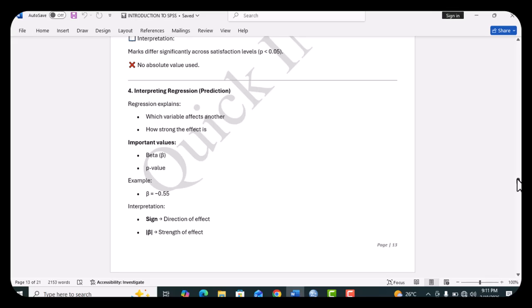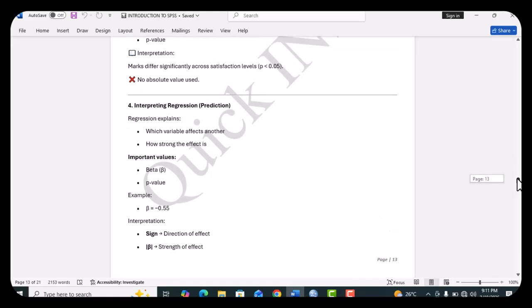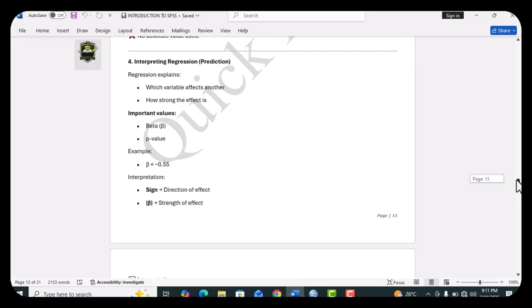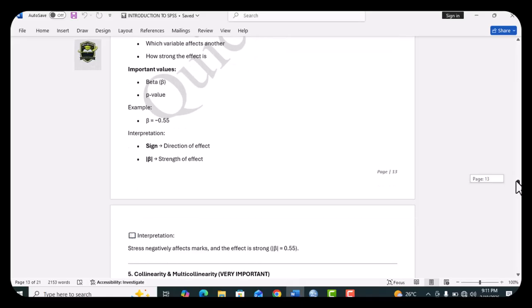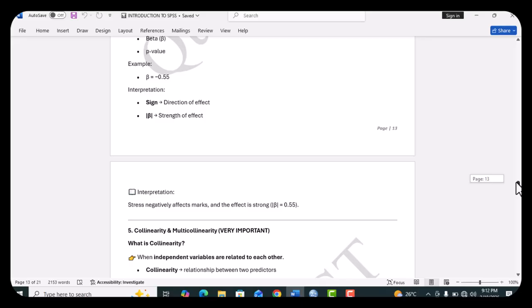The dependent variable is affected by the independent variable. So how strong is the effect? In the interpretation, the sign is the direction of the effect, and the absolute value is the strength of the effect. So when you want to interpret, say stress has a negative effect. The negative will also occur, but you find the absolute value before you interpret. Stress negatively affects the marks, and the effect is strong with this value. You put the value of the beta.